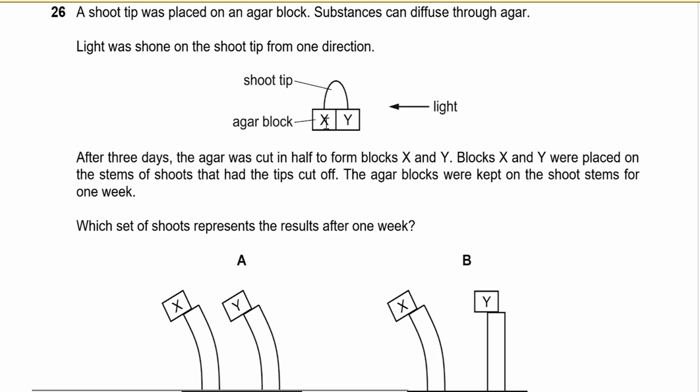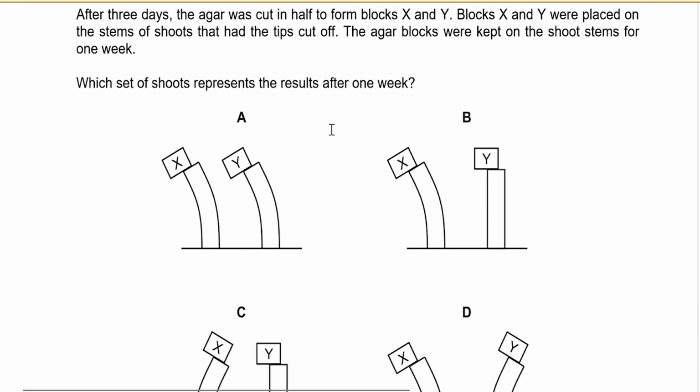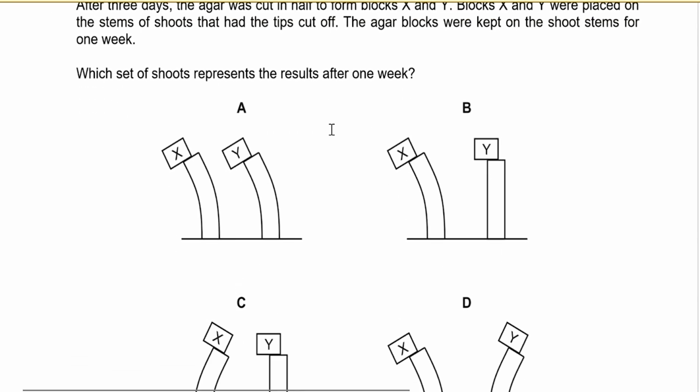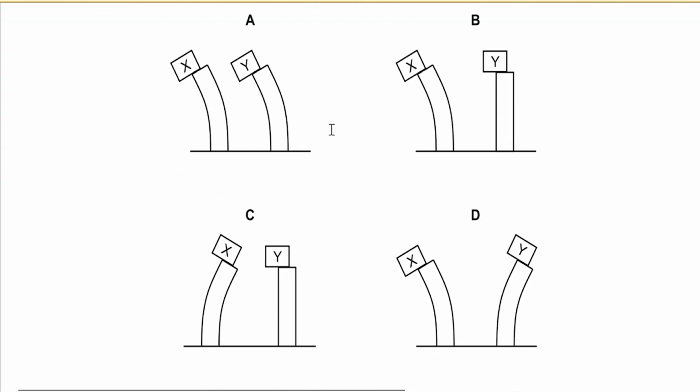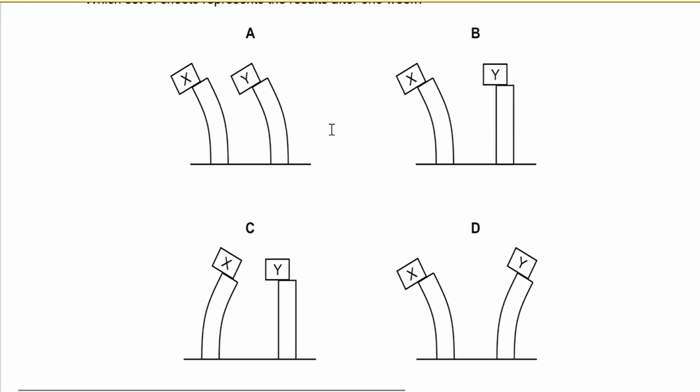But for X, it will be concentrated on one side, because it kind of goes away. So if we place them on the plant, what do we expect to see? For Y, there was uniform distribution. For X, it was accumulated on one side.